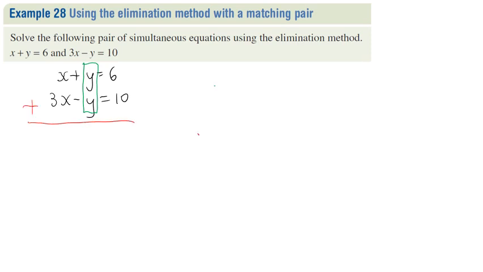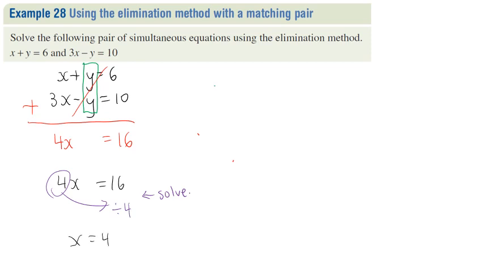So x plus 3x is 4x. Y plus negative y, that's going to cancel out. 6 and 10, 16. So my equation is 4x equals 16. So I'm going to solve for x now. So divide by 4. That leaves me with x equals 4.